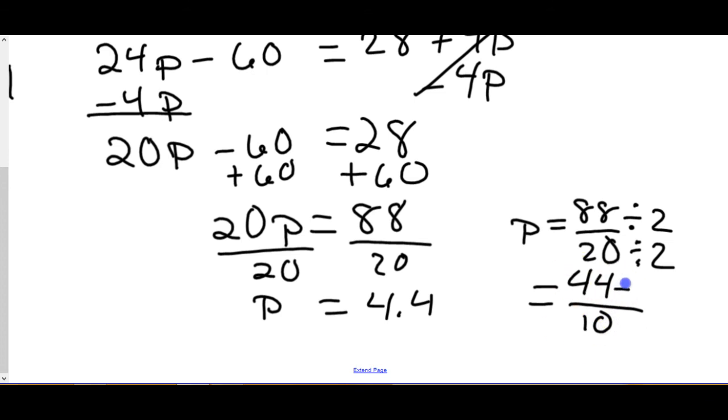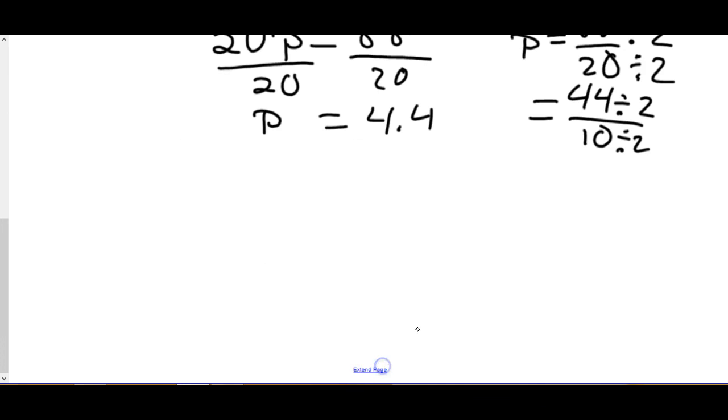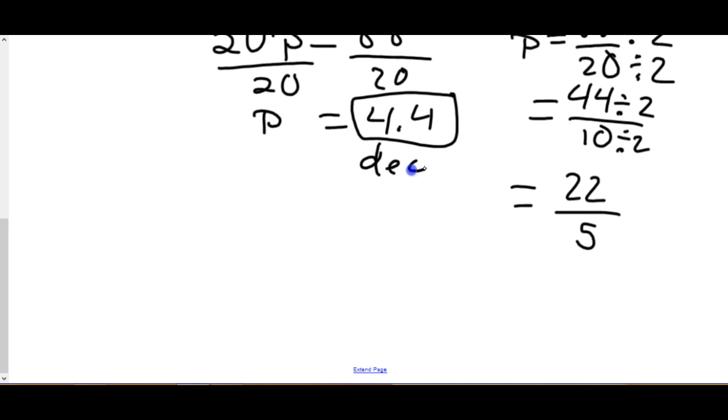Looks like we can reduce again, because both of these will divide by 2 again. That would give me 22 over 5. And now there's nothing left that would divide into both 22 or 5. So this is our answer in decimal form. This is the same answer, but as a fraction.